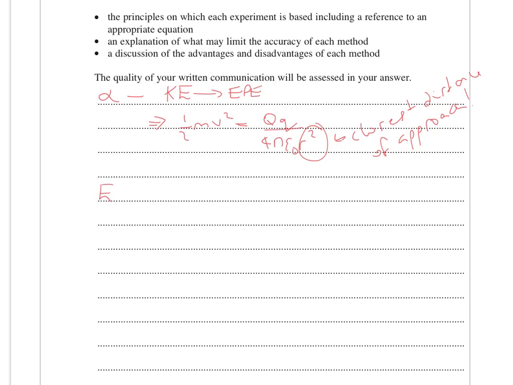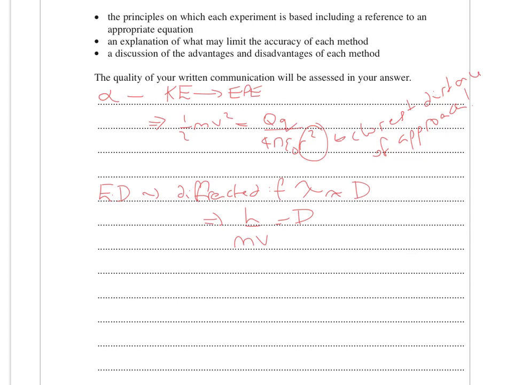Whereas electron diffraction, it's diffracted if the wavelength is a similar order to the nucleus size. So we know that the de Broglie wavelength is going to be equal to the nuclear diameter.